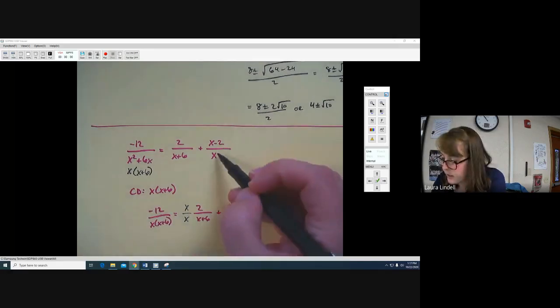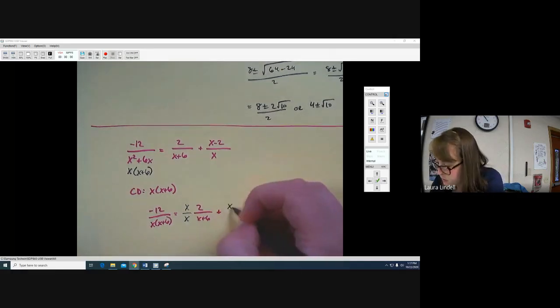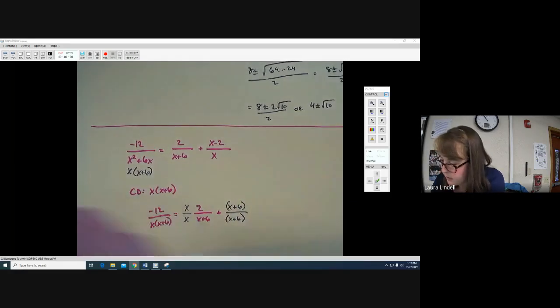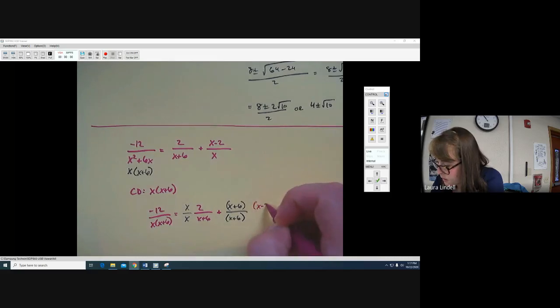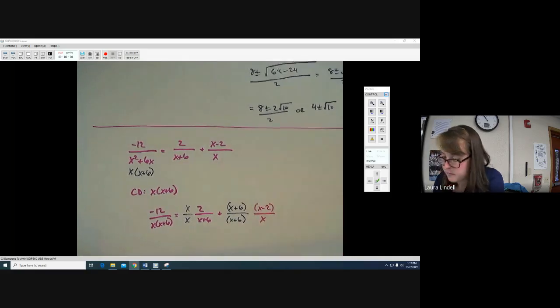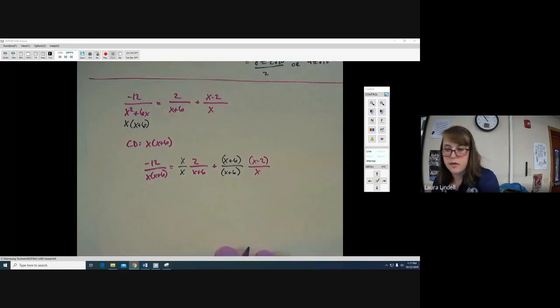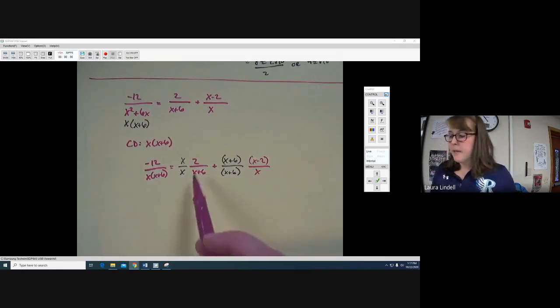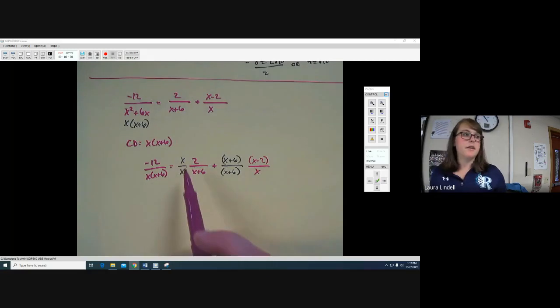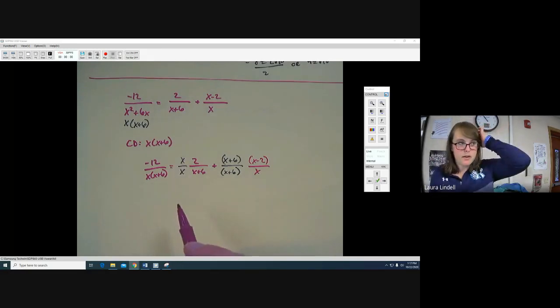And then this one needs an x plus 6, so I have to multiply by x plus 6 on the top and on the bottom. So whatever it needs in the denominator is what you have to multiply by on the top and on the bottom. So let's do that.